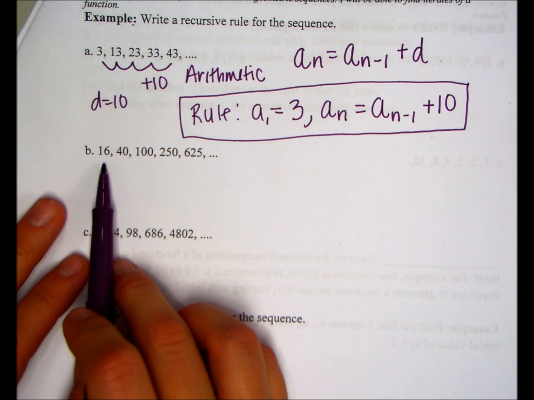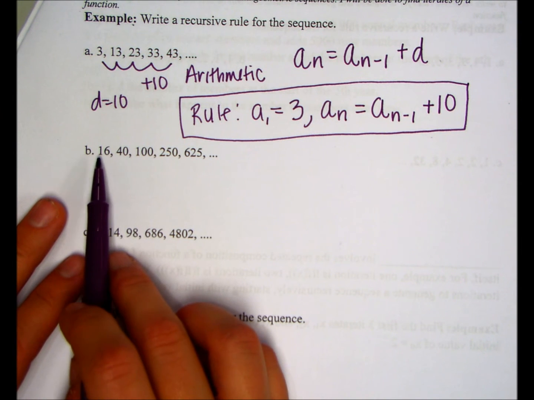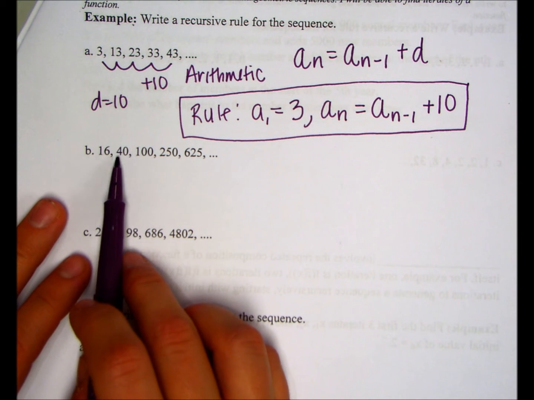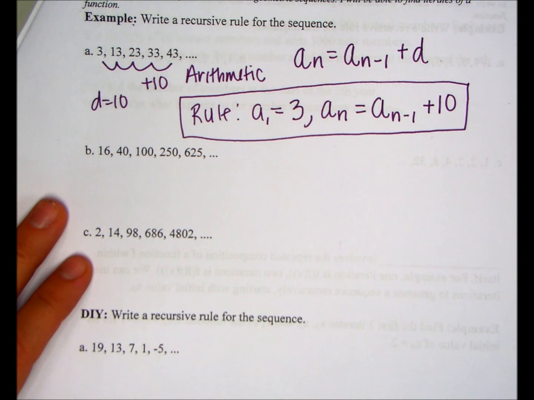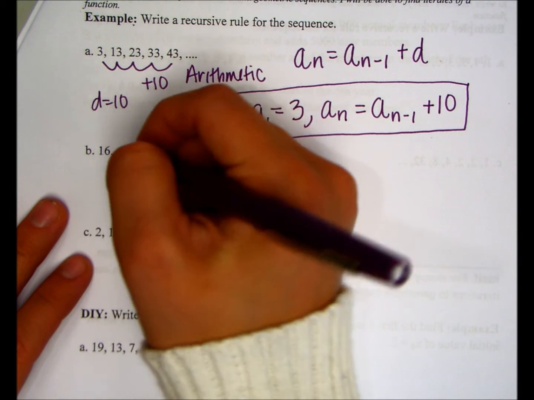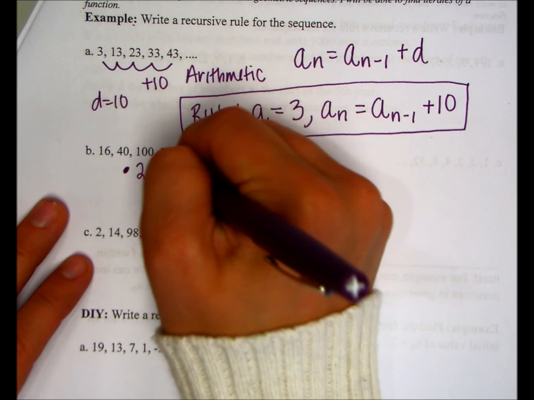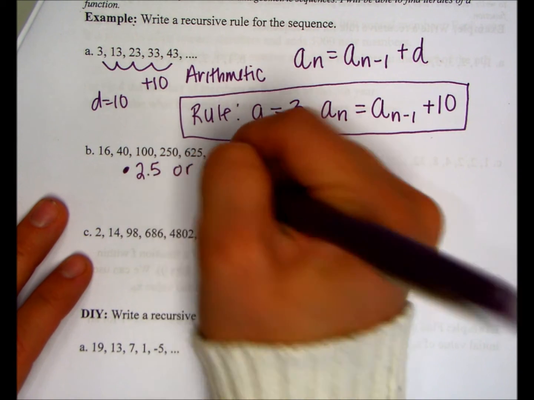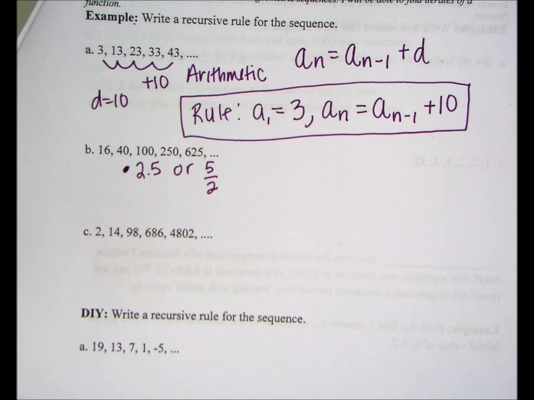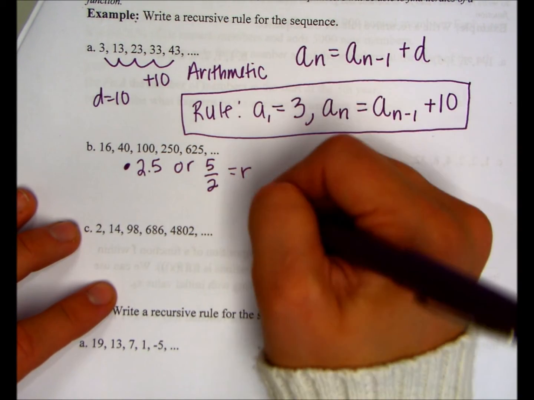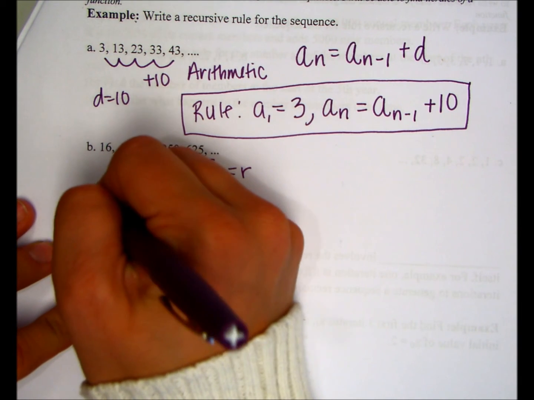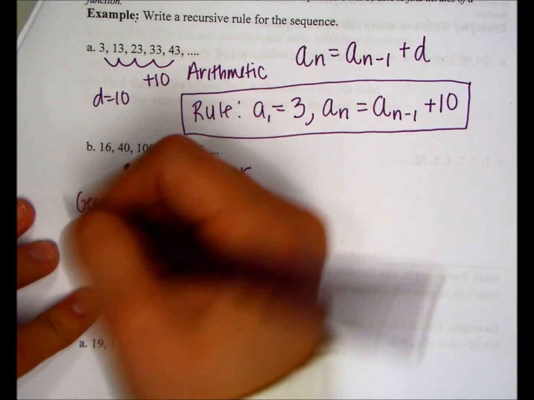Next example, if I look here, to go from 16 to 40, 40 to 100, 100 to 250, I'm actually multiplying by 2.5 or 5 halves, however you want to write it. So that is going to be my r value. It's geometric, obviously, because I'm multiplying here.